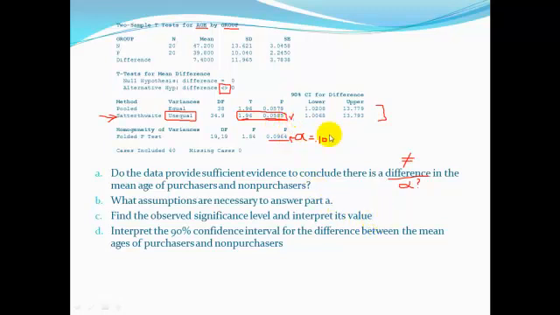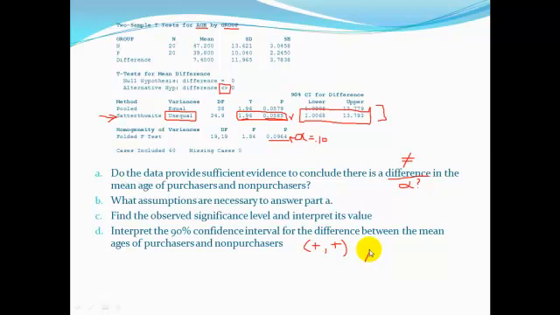Find the observed significance level. Well, we did that as part of the test up top. We're going to compare alpha to a p-value and make our conclusion. And interpret the confidence interval. Look at the endpoints. 1.0068, 13.793. Two positive numbers.